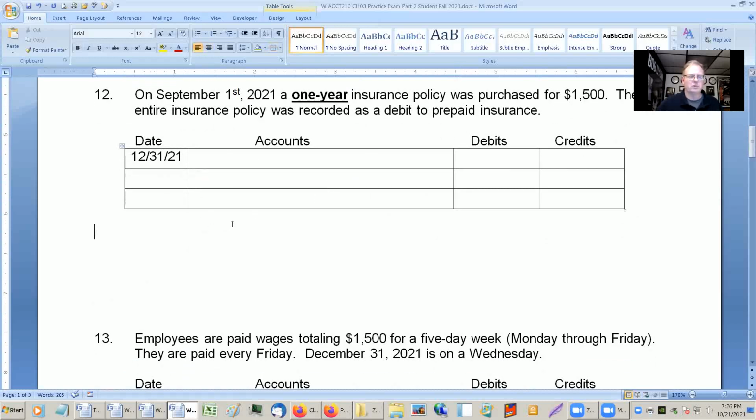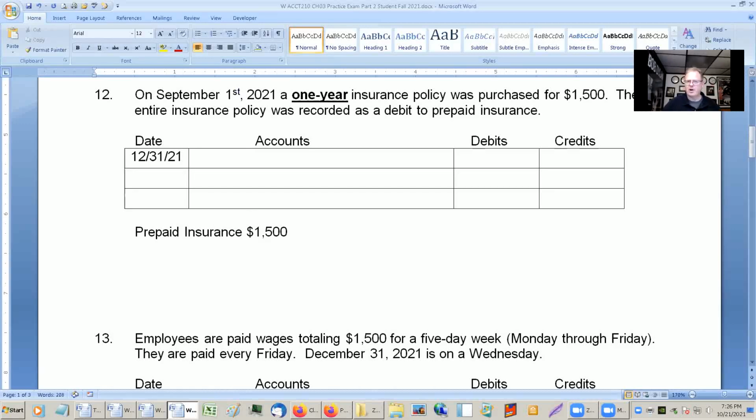12. On September 1st, a 1-year insurance policy was purchased for 1,500. On September 1st, the entire insurance policy was recorded as a debit to prepaid. So September, October, November, December.